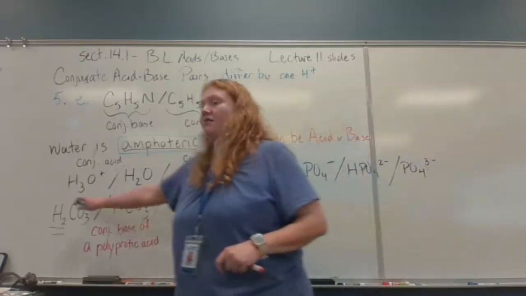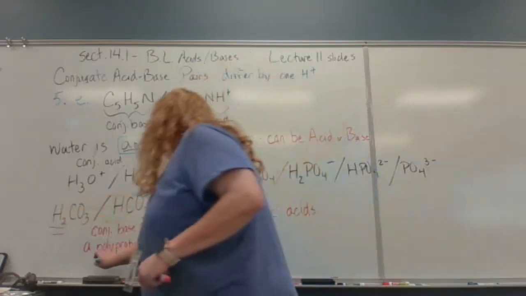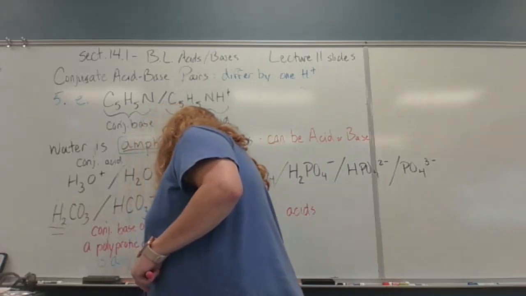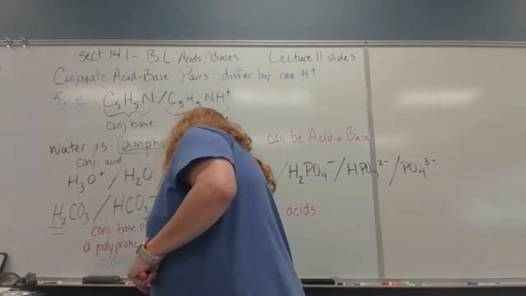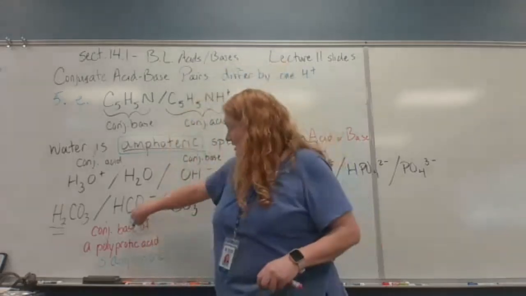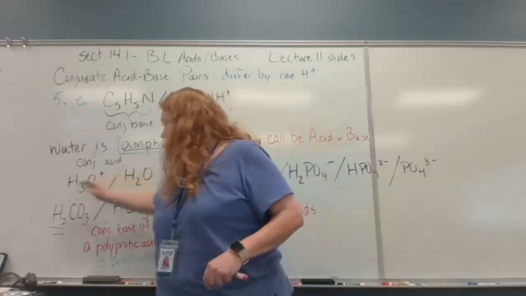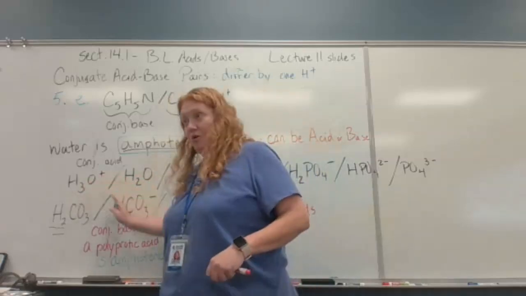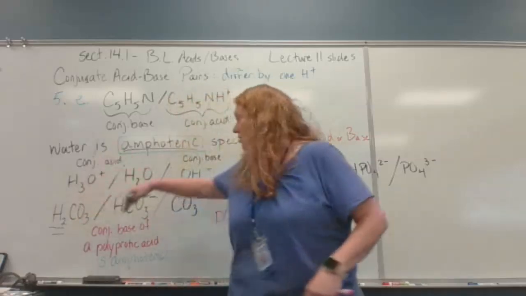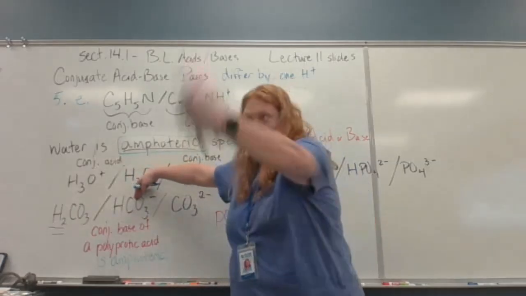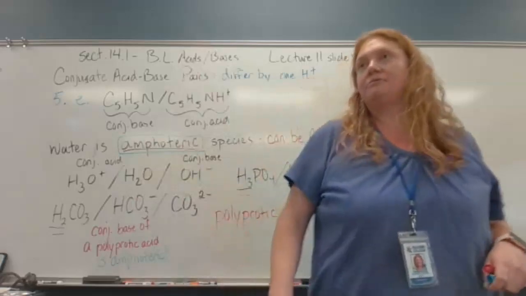The conjugate base of a polyprotic acid is amphoteric. Meaning this species can do what? It can accept being a base and go back to the polyprotic acid, or it can act as an acid itself and give away another H plus, right?